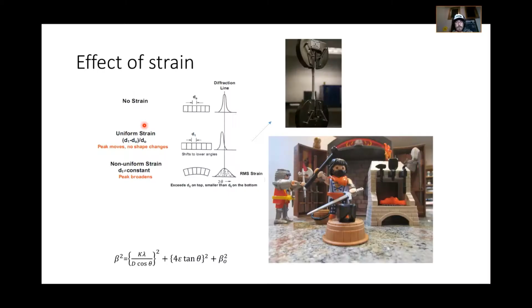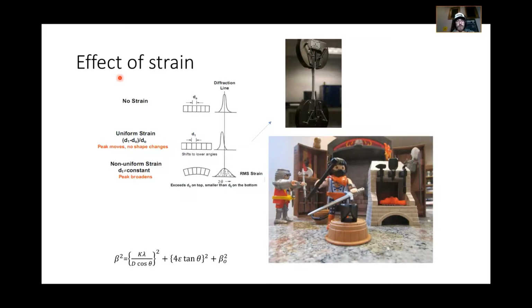We'll see some examples of that in a little bit. The effect of strain, and let's see, I think this is trying to animate. It's my son's Playmobil set. If you have no strain, your diffraction line is where you expect it to be.